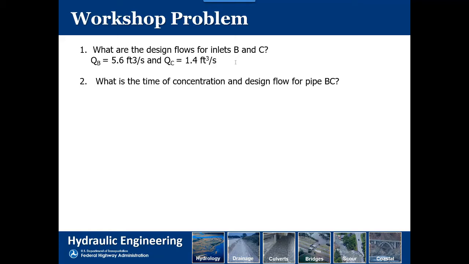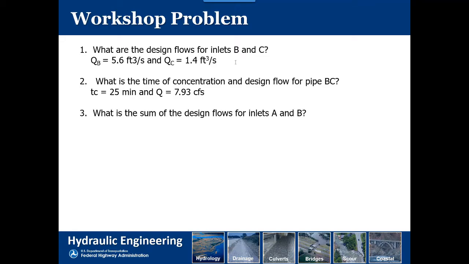25 minutes. And what's the design flow for pipe BC? People are getting 7.9 for the flow. Any questions about how we got that? Okay. Question 3. What's the sum of the design flows for inlets A and B?